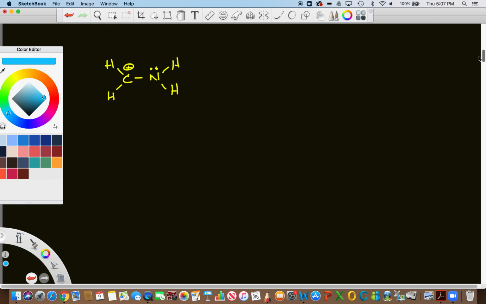So if I have this ion, and I'm going to use colors to represent, this carbon is electron deficient. The nitrogen is electron rich. So this pair of electrons can form a bond.